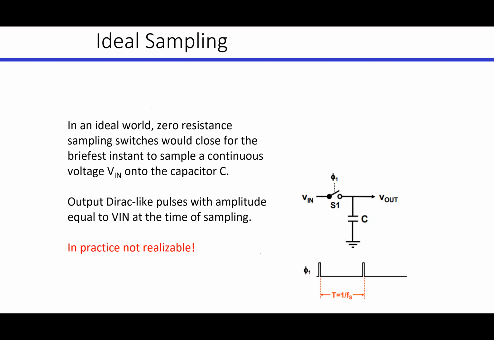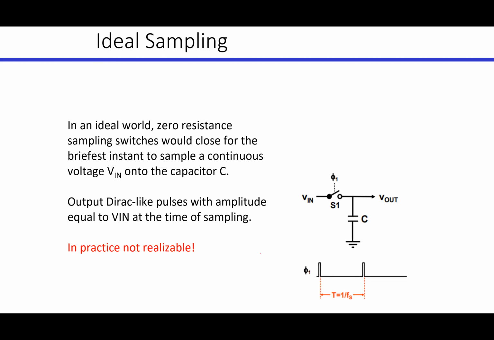Okay, so now in the ideal world, we assume that this switch has zero resistance, and therefore the switch will just close for a very short time. And we are going to hold the voltage on the capacitor until the next sample time comes.